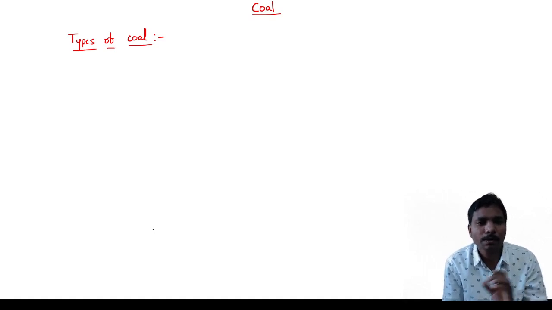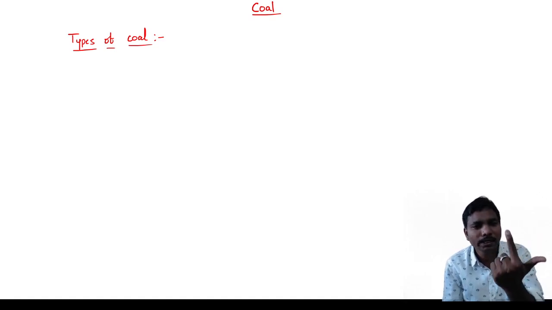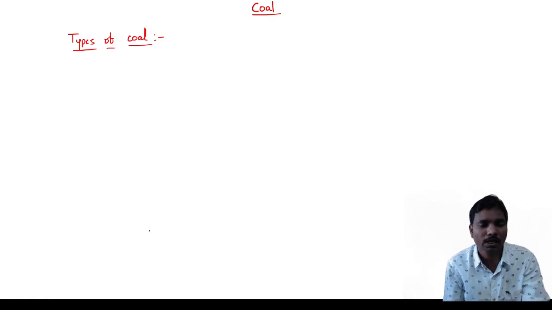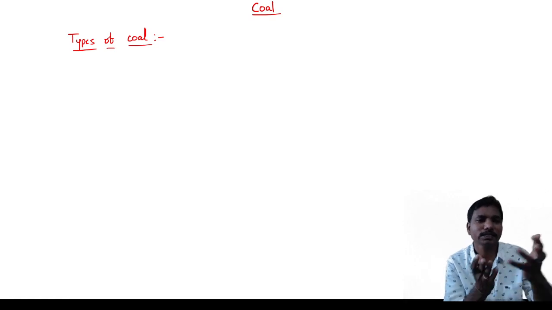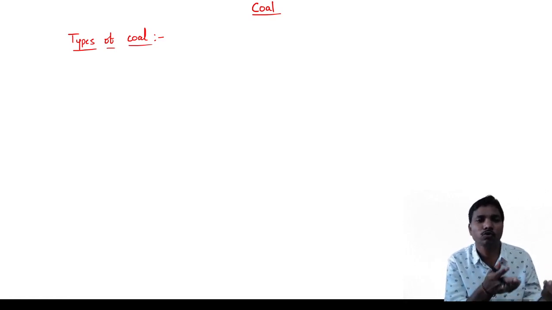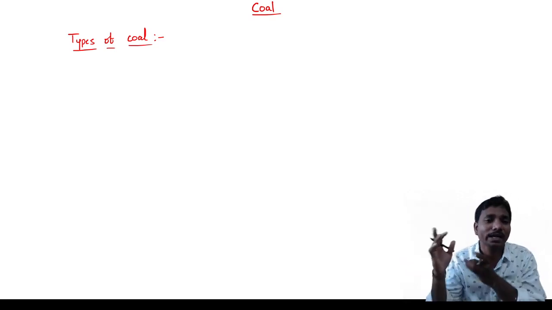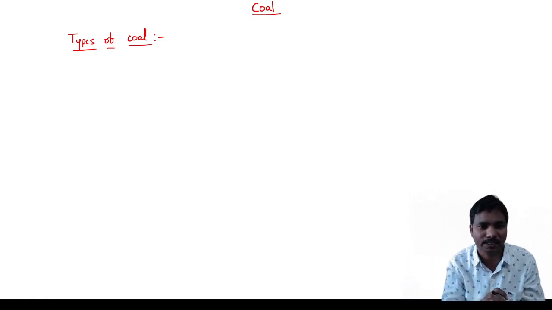Depending upon the percentage of carbon, we have peat, lignite, bituminous, and anthracite. That means we have four types of coal. If the carbon percentage is less than 60%, that type of coal is peat. If the carbon percentage is very high, like 94 to 98 percent, that is anthracite.